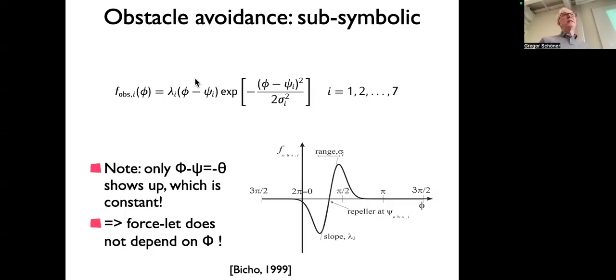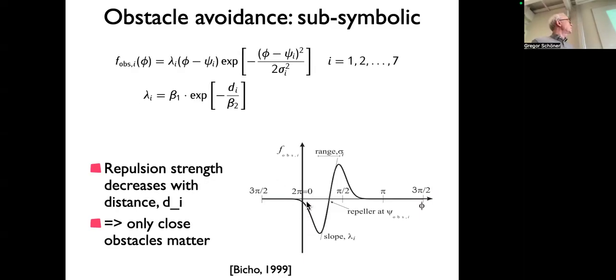But of course, what we do need is we need to use sensor information in some way. What we use it for, we use it to say that only those sensors that sense a short distance should contribute. If they sense a large distance, then they should contribute less. And one particular way of doing that is to have an exponential decay, which again has the scale.